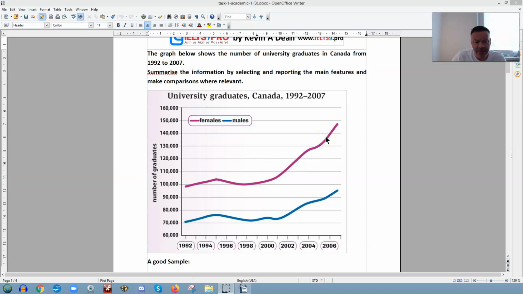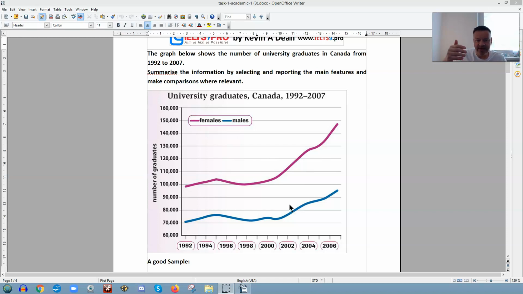Sorry, I'm not that good at maths. But so 100,000 to 150,000, that's 50% more, which is obviously more than the males, which increased by 25,000 from 70 to 95,000, so that's like a third. Well, anyway, there are three key features there.